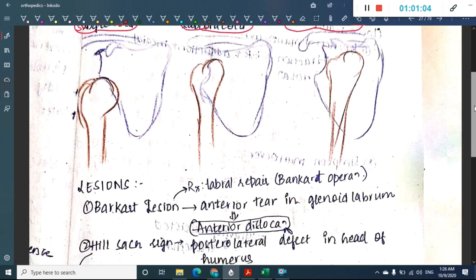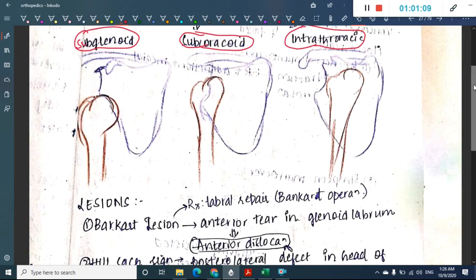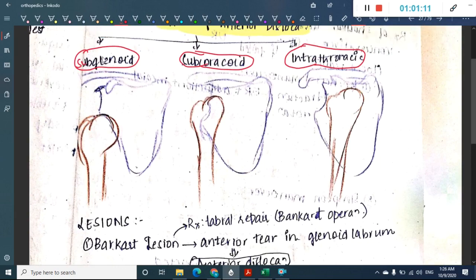Then what are the lesions which you see here? See here, this is the glenoid cavity. If the shoulder head is present below the glenoid cavity, then we call it subglenoid shoulder dislocation. What is subcoracoid shoulder dislocation?